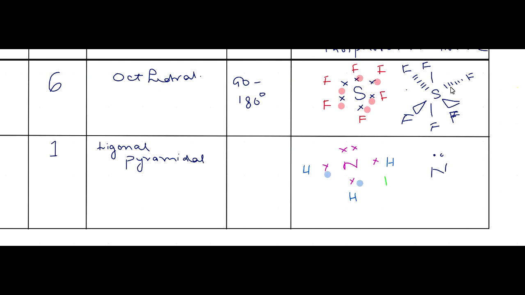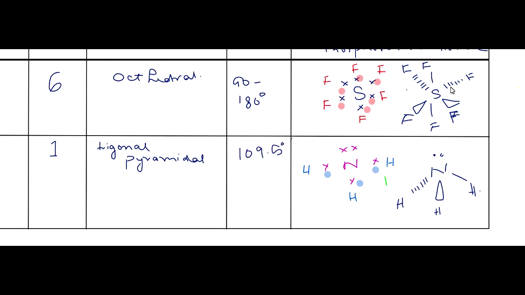This is the structure of ammonia. I made it incorrectly. Anyway, over here, the bonding is going to look like this. And for trigonal pyramidal, the angle that we have is also 109.5.